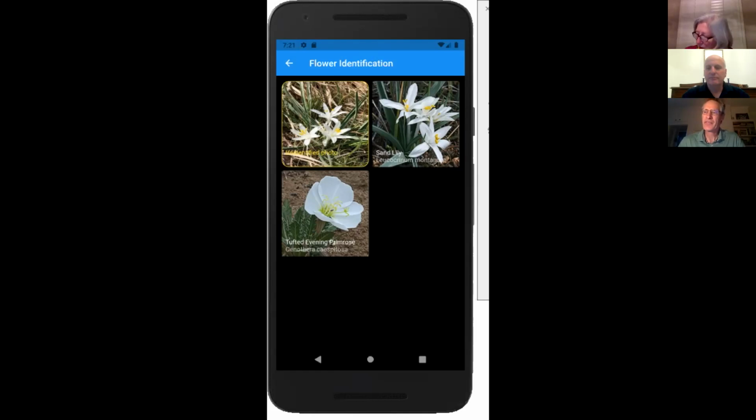That app is one of the ones that I supplied the information for in the email, I believe. Would you mind giving that again? It's called Colorado Wildflowers Guide, and maybe we could send out a link to it.